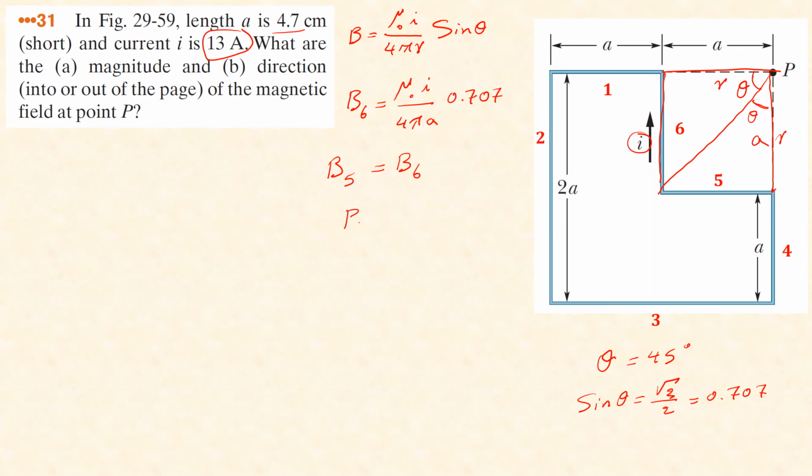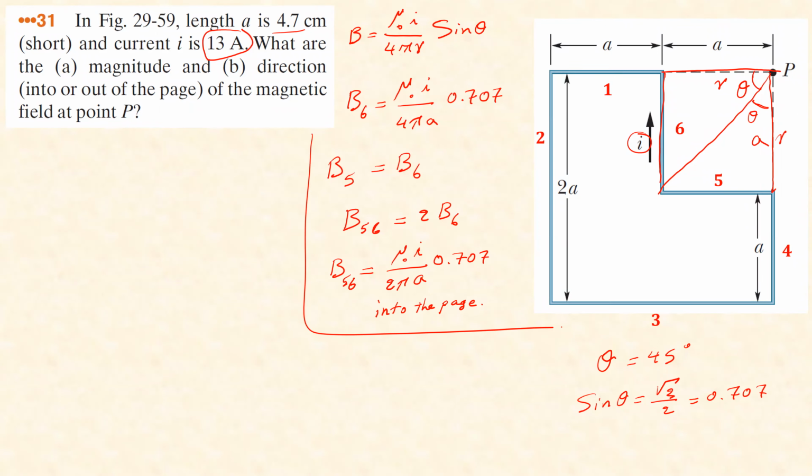So we can say B5 and 6 together is 2 times B6, which is mu naught I over 2 pi A times 0.707. So this is 5 and 6 together. And was it into the page or out of the page? That was into the page.